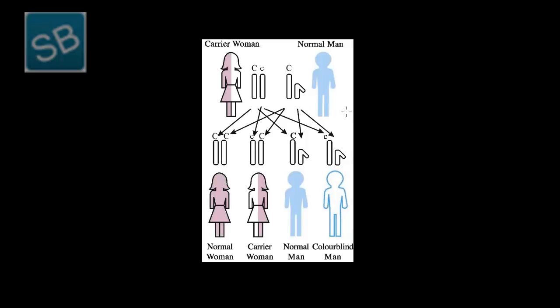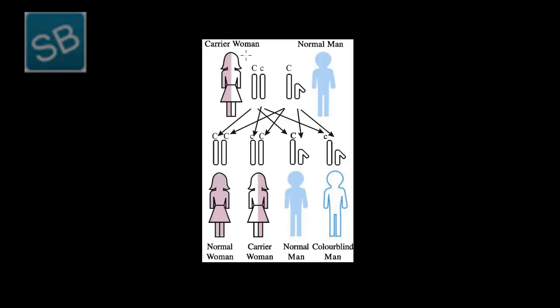Here a cross is made between a carrier woman and a normal man. As said earlier, this is a carrier woman who carries the recessive gene, which can be transferred further to offspring carrying color blindness. But the woman herself would not suffer from color blindness. That is, she would be normal.